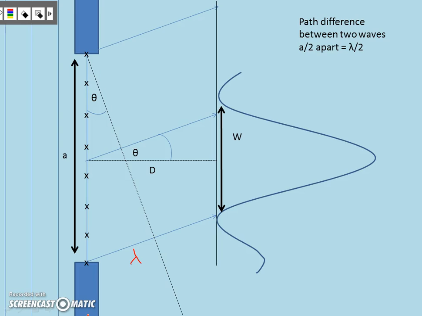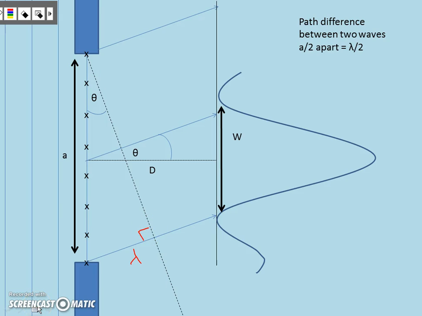We've got our angle theta here, but we can also use similar triangles to equate that with this here. So we've also got theta here, and a right angle there.